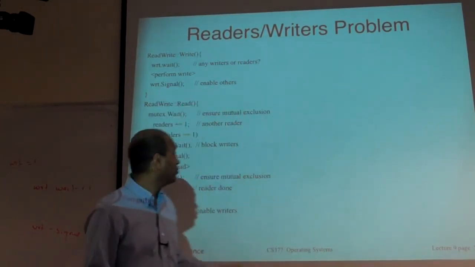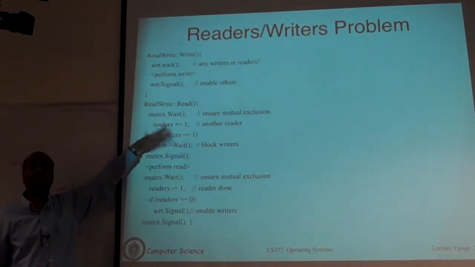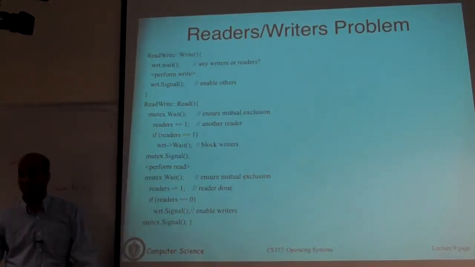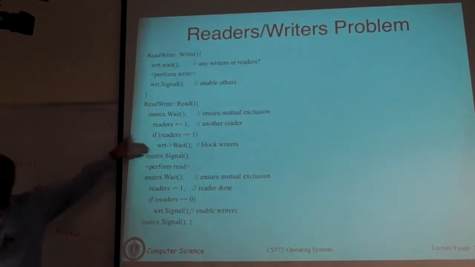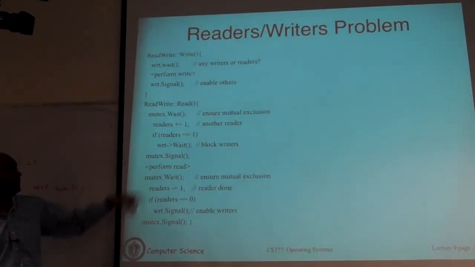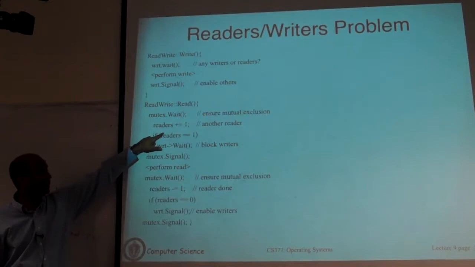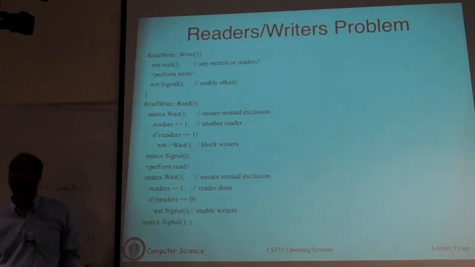Because what did we do? The first reader came in, we incremented the count, and the reader immediately said, there's at least one reader, which is me, so I'm going to block the writer, because mutual exclusion says if there's a reader, writers can't go. Now once this happens, if there's a constant stream of readers going in, each reader will increment, so this count will never go back to 0 because there's always some reader in the system.